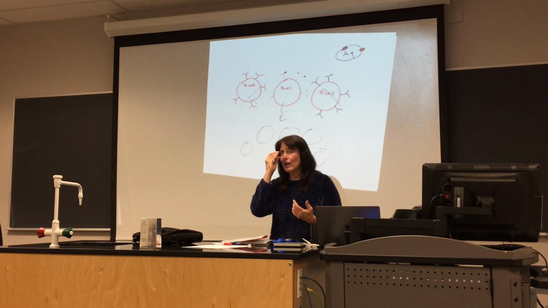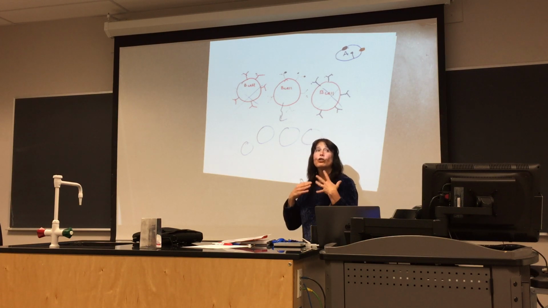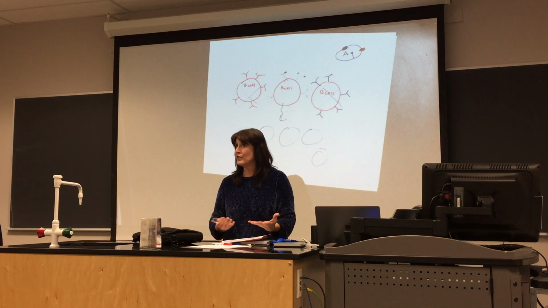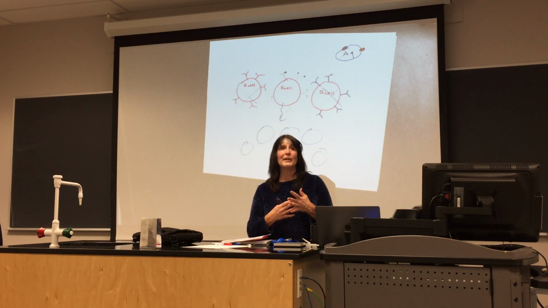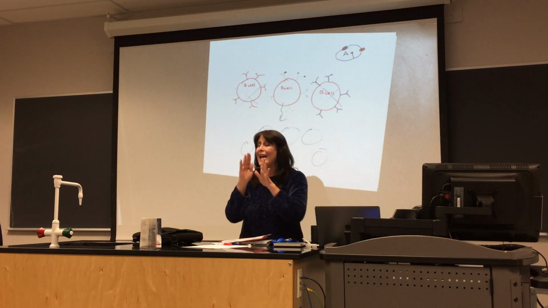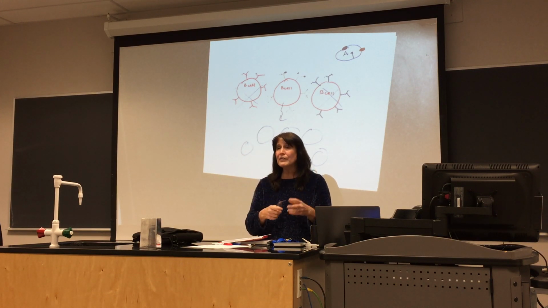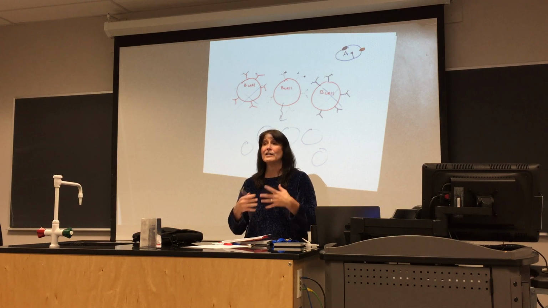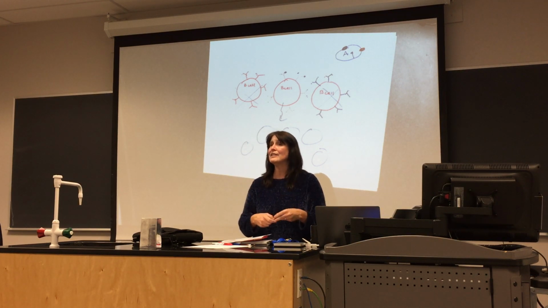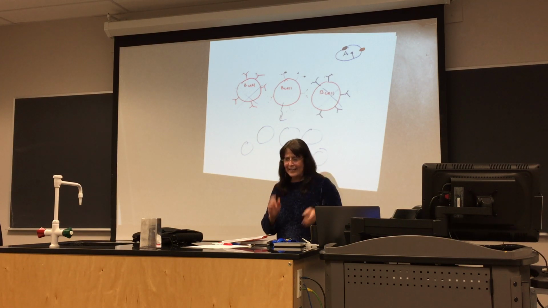IgA are going to be things that are found in secretions of your body. So you actually put them out in secretions. It could be tears, it could be mucus, vaginal secretions. All of these things are going to make IgAs. In milk, you're going to give your baby some of these IgAs as well.